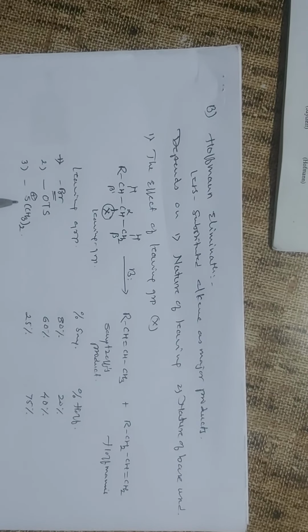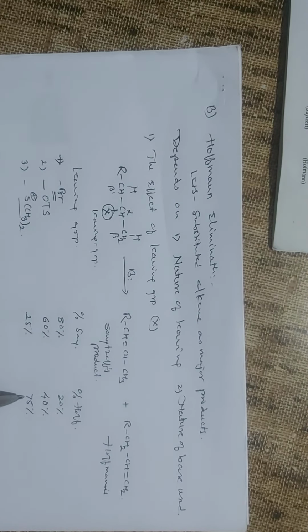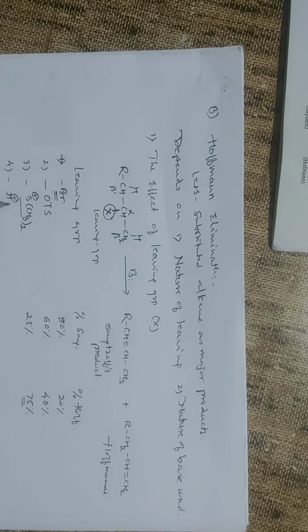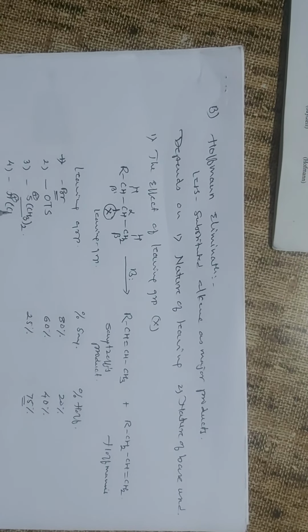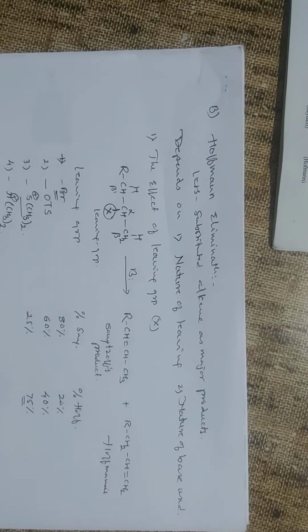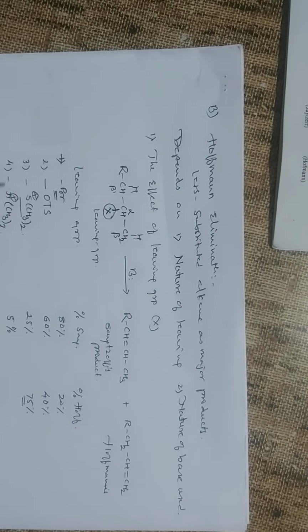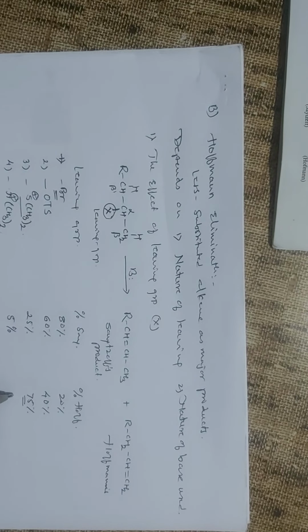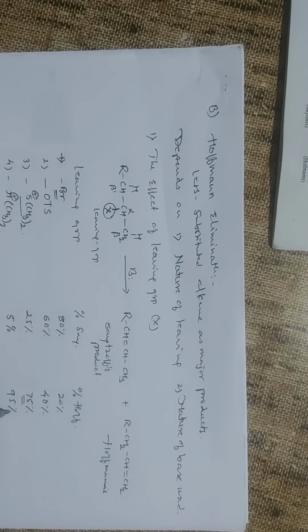Means as the size of this leaving group increases, the Hofmann's product increases. And the fourth, the quaternary salt of amine, that is the trimethylamine, is acting as a leaving group. Here you get a quaternary salt when it is attached to a substrate. So here you are going to get 5% Saytzeff's product and 95% Hofmann's product.